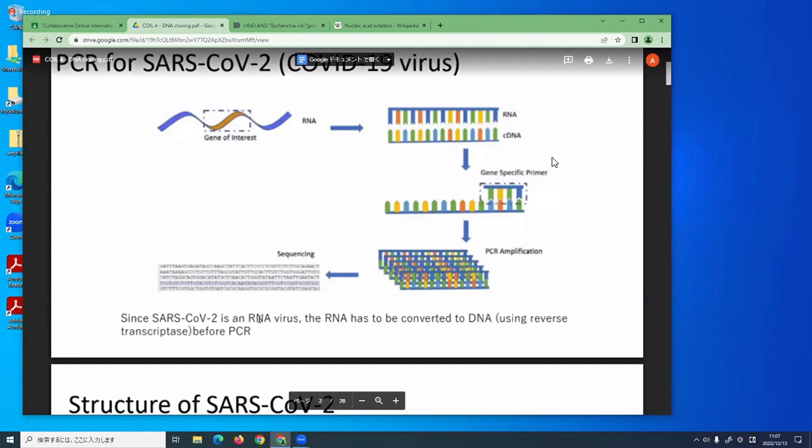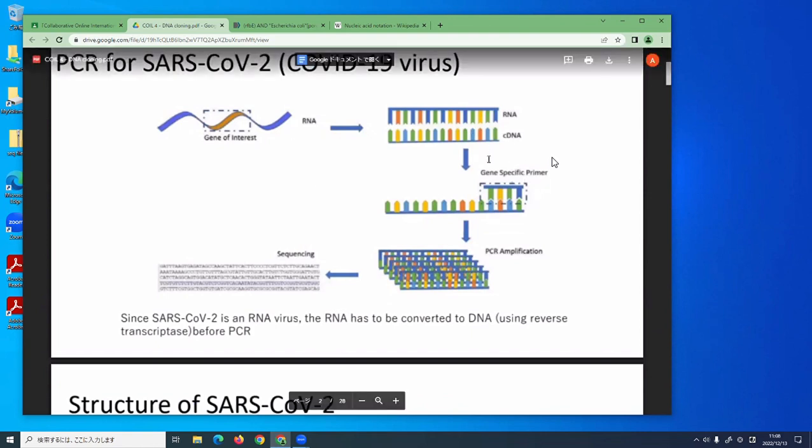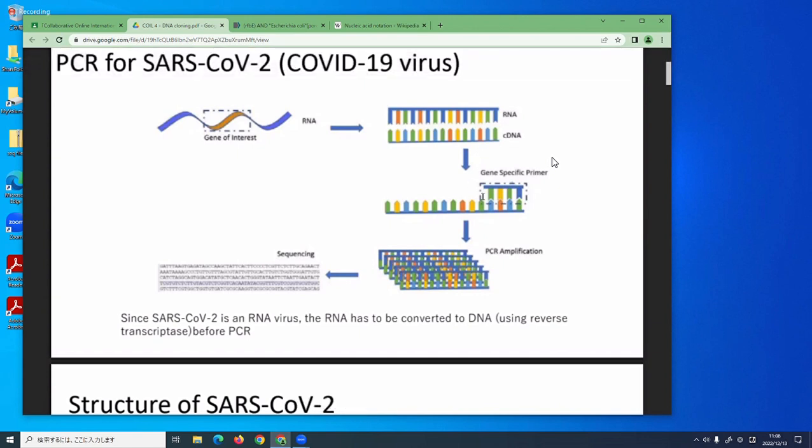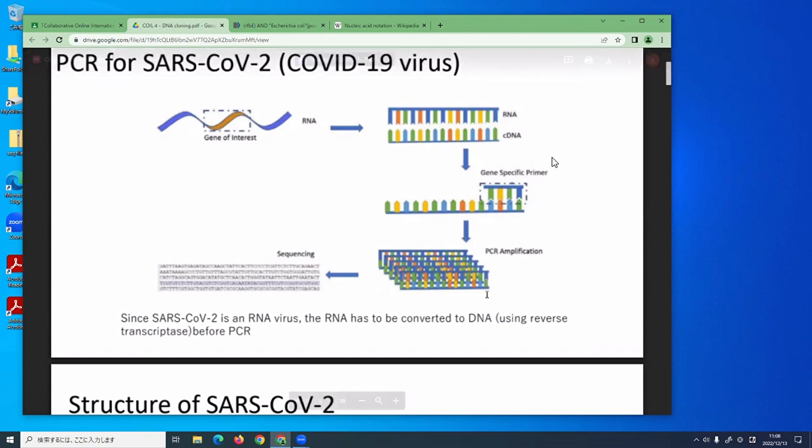Using reverse transcriptase, we will reverse transcribe the RNA, it becomes cDNA, and then using specific primers, amplify it, and then we get a lot of DNA, because we usually don't get a lot of virus.